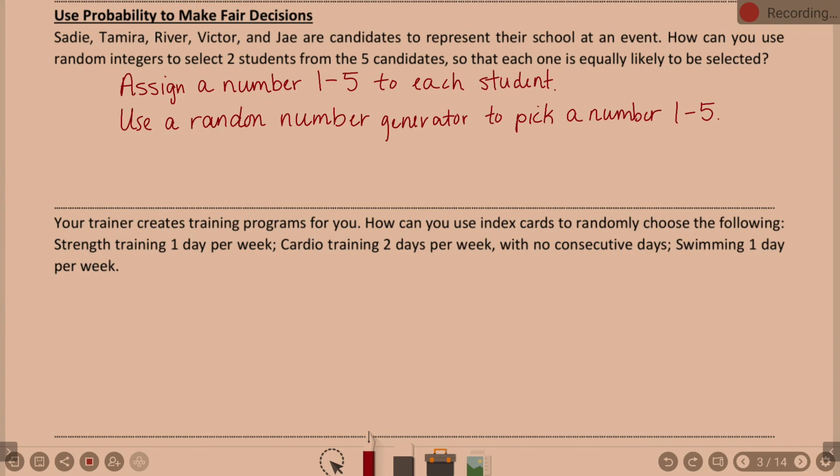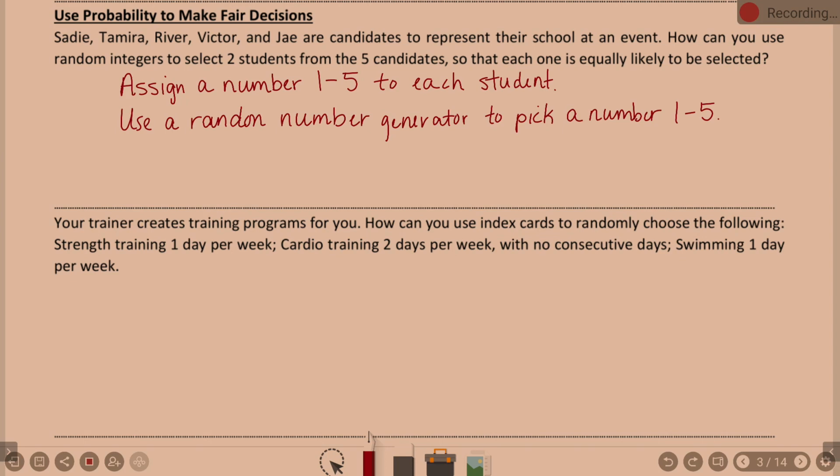And then my book option isn't either of those, because instead of putting the trainings on cards, it was picking days of the week on cards. So kind of the reverse of what you said. If we just put days of the week on cards, I say, okay, I'm going to pick a day for strength training. Okay, I'm going to pick a day for cardio.